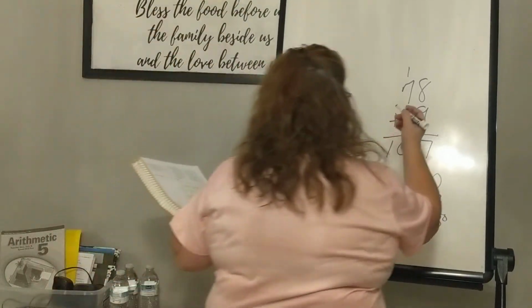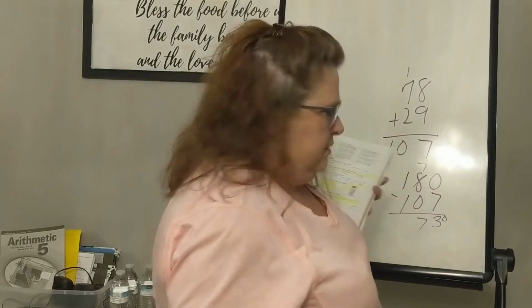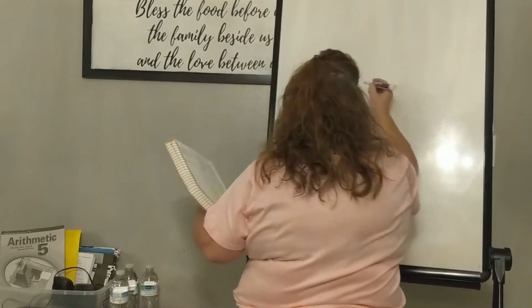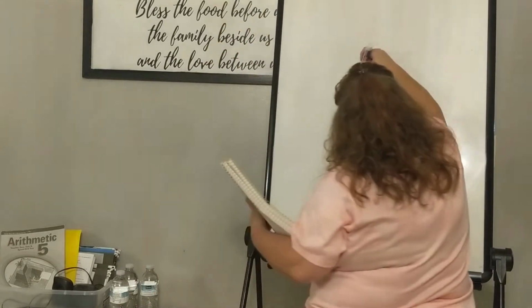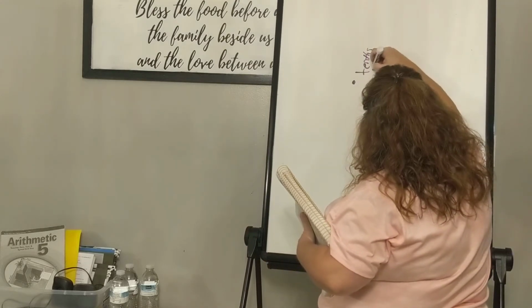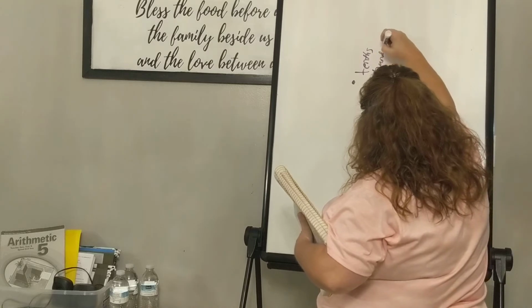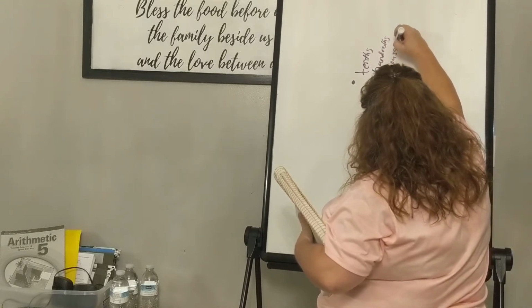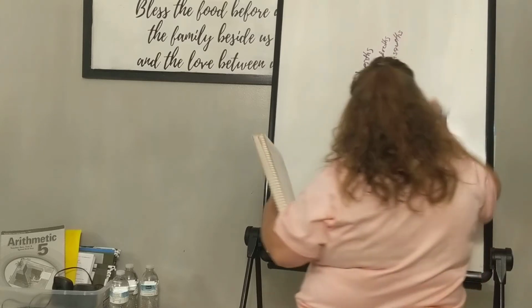Remember, on our decimals, after our, let me erase this real quick. There's our decimal right here. And after our decimals, we have tenths with the TH. We have hundredths with the TH. We have thousandths with the TH, okay?